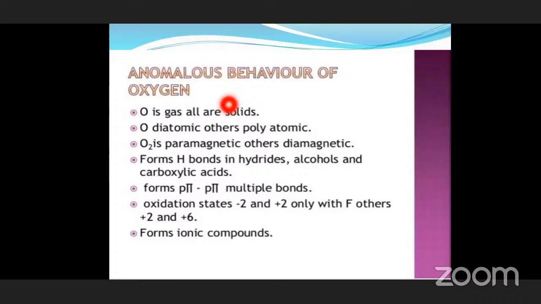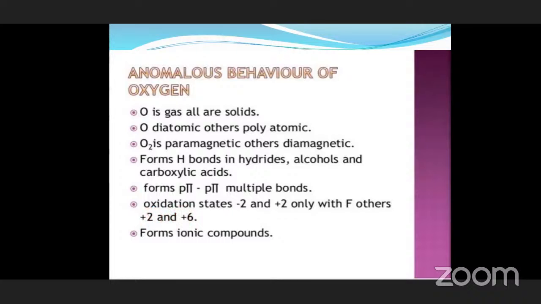Then in oxygen there are p pi-p pi multiple bonds. We will discuss this later. Then the oxidation states are -2, and +2 only with fluorine, while the others show +2, +4 and +6.